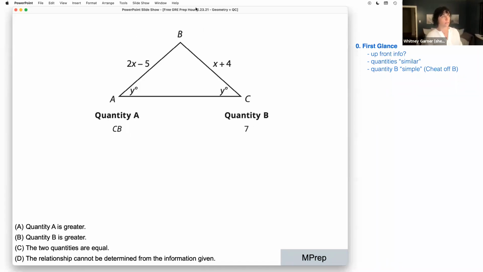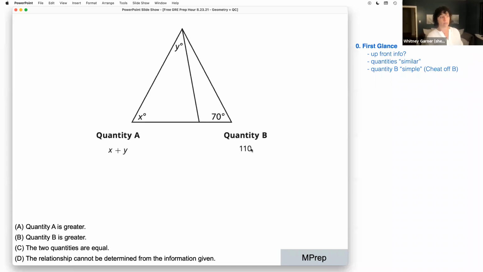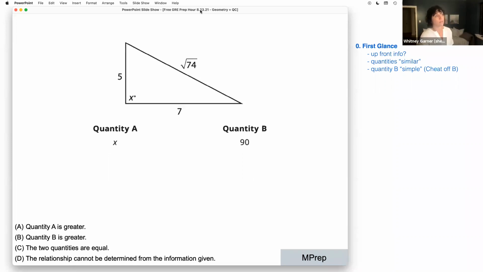Quantity B is a simple value compared to quantity A. Again, still upfront information. A lot of times, quantity B is a simple value. This is a very well-known technique of comparing against quantity B.